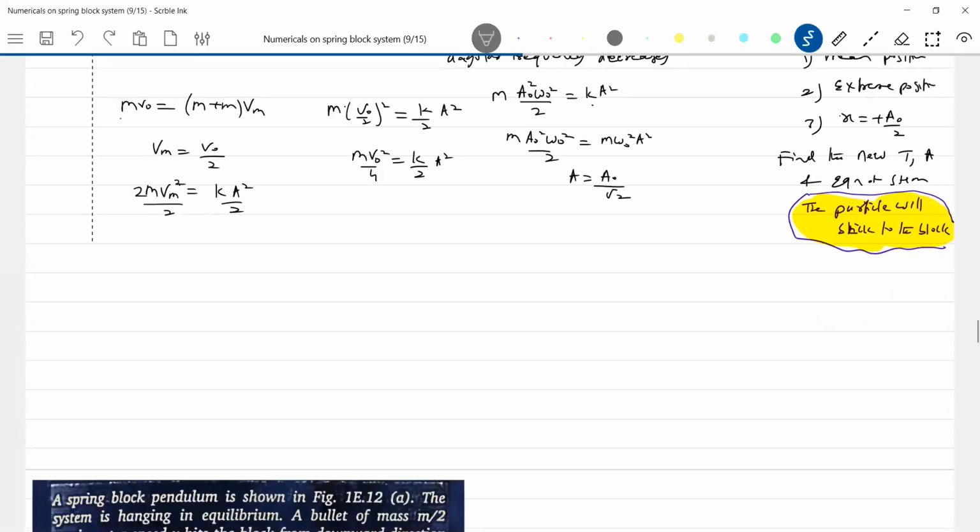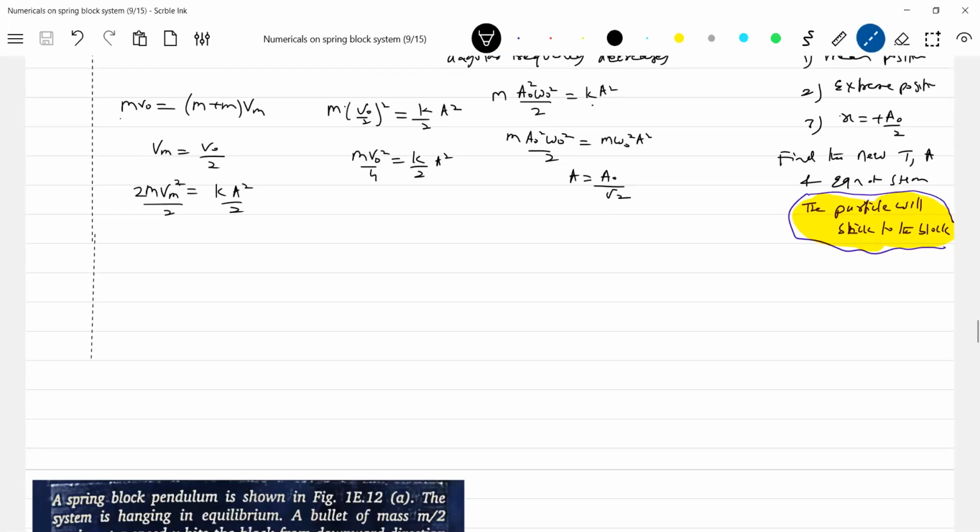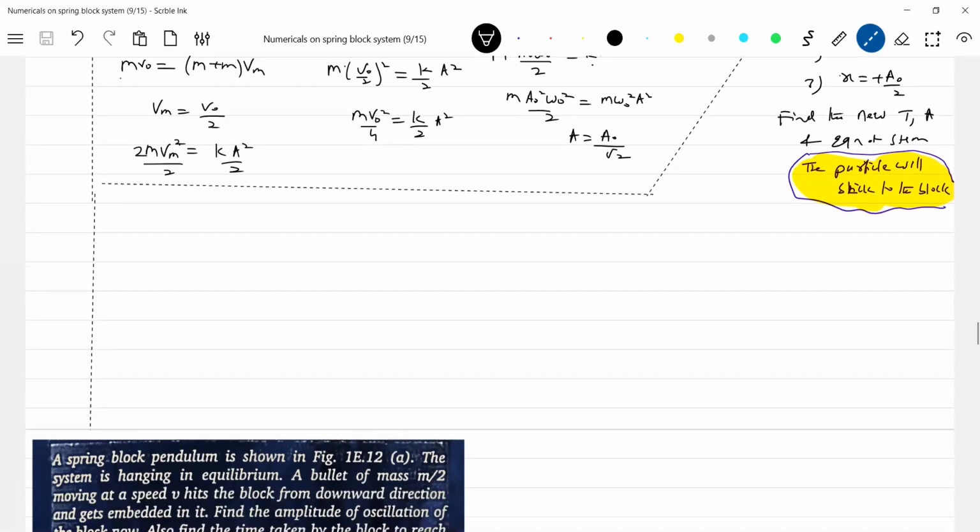Okay, let's go for the second case. What is the second case? I'm going to add the mass at the extreme. This is the mean position, and this is the extreme, no?